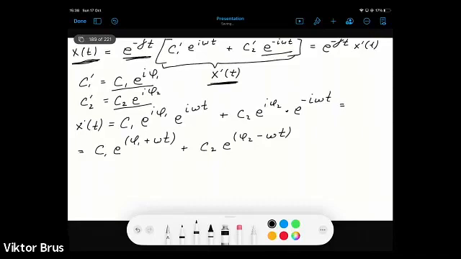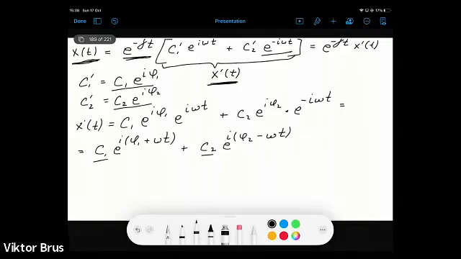Sorry, I forgot the I here. These are complex functions. Okay, now we have everything given in complex format. So we have real constants C1 and C2 and two complex functions.